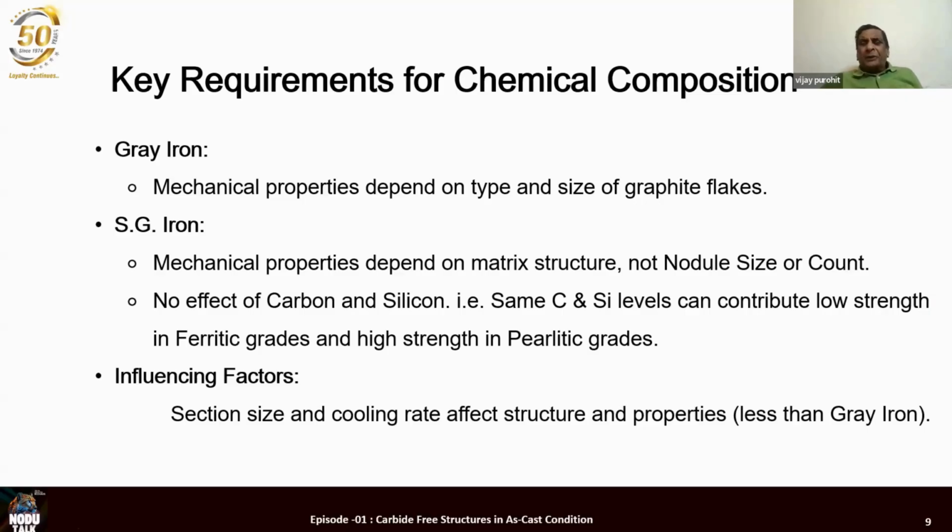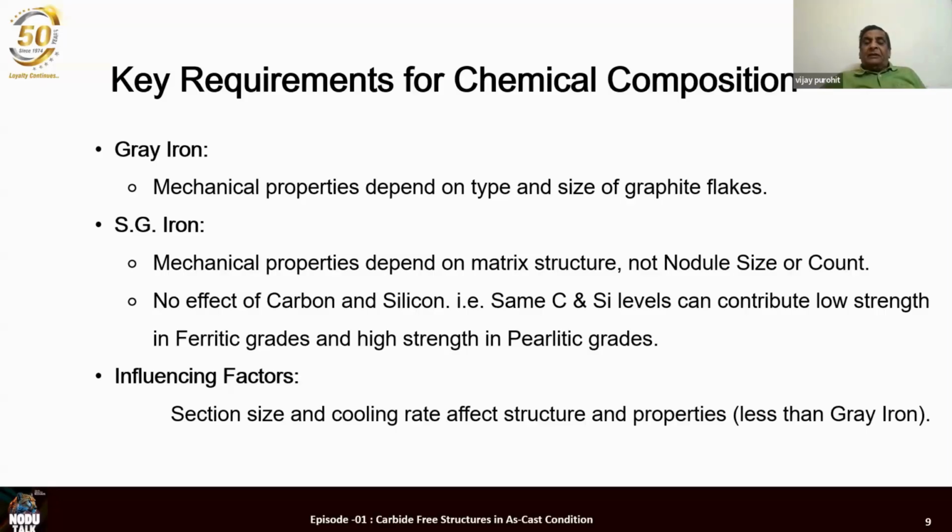Type B graphite is tolerated up to 5 or 10%. Type C graphite means hyper-eutectic; people don't like it. Type D graphite is undercooled graphite; people don't want it. Type E graphite is still undercooled graphite; people don't want it. So gray iron mechanical properties are dependent on type A graphite and size of the flakes. Normally, people prefer to have flakes of size 4 to 7, and the smaller the size, the better the properties.